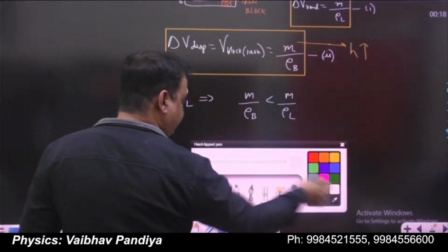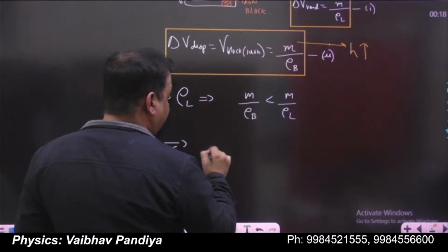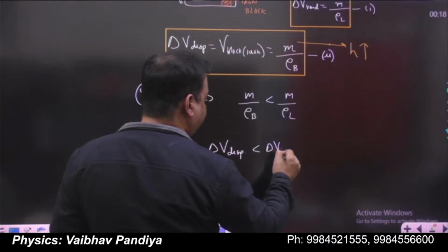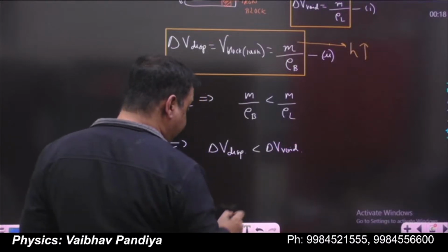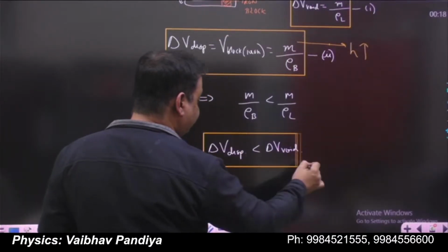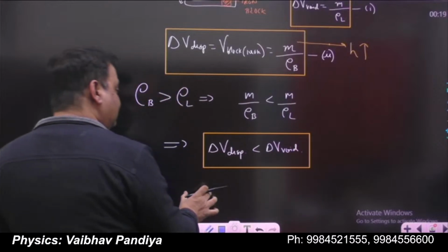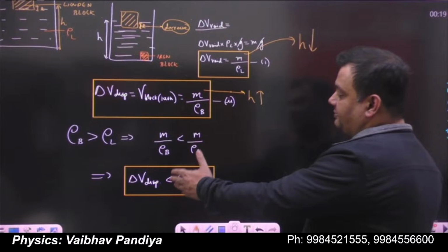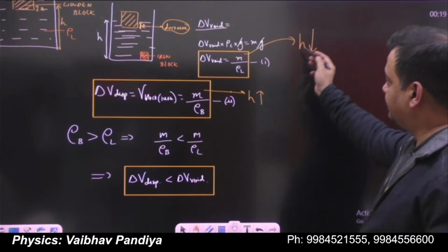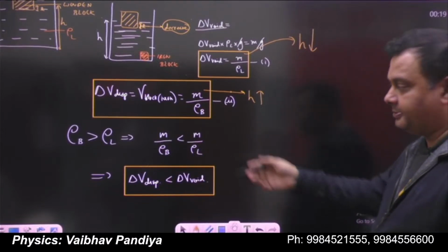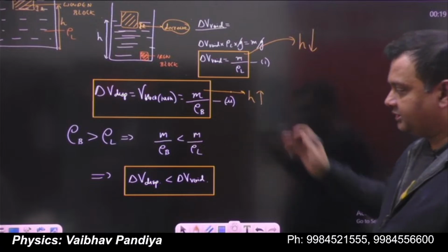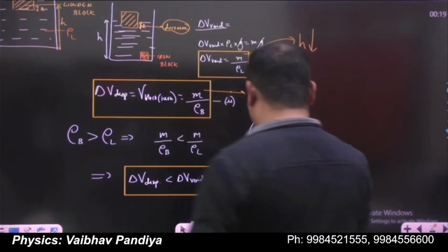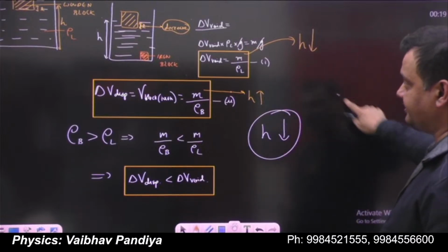So it will imply that delta V displaced is less than delta V void. The volume which is getting empty is more than the volume which is again getting occupied by the solid and displaced. So in this case, which effect will be dominating? Surely you can say the decreasing H effect will be dominating, because the void volume is more than the displaced volume. So on the whole, H will decrease, correct? H will decrease. Got it?